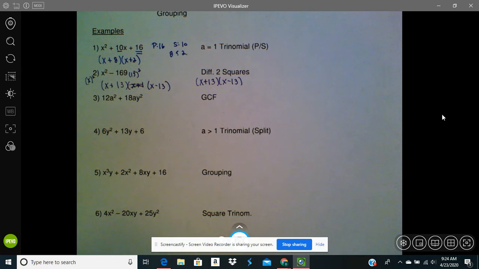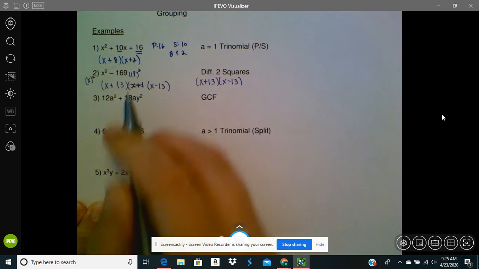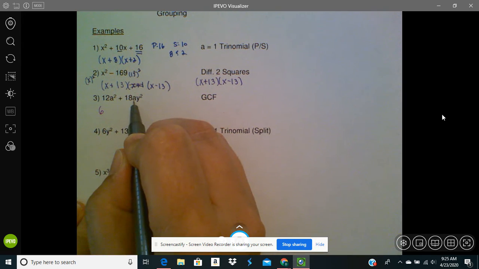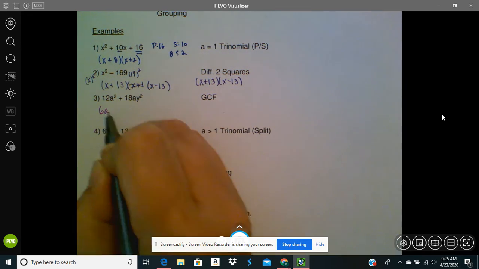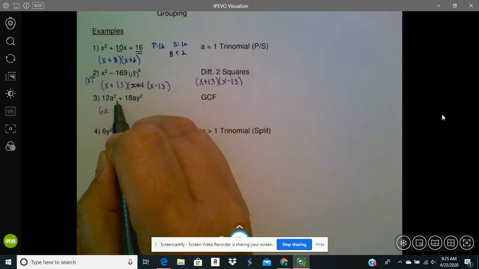All right. Number 3, we have 2 terms. So let's look for a greatest common factor. What do we have? Well, what's the greatest common factor of 12 and 8? 6. What's the greatest common factor of a squared and a? A. I can't have a greatest common factor of y because there's no factor of y here.